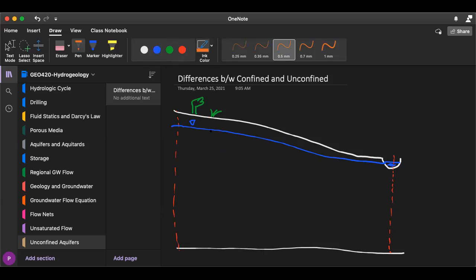This isn't going to be a super good flow net, but it'll give us some indication of what the head contours look like in this kind of flow system. And my flow lines would do something like this.